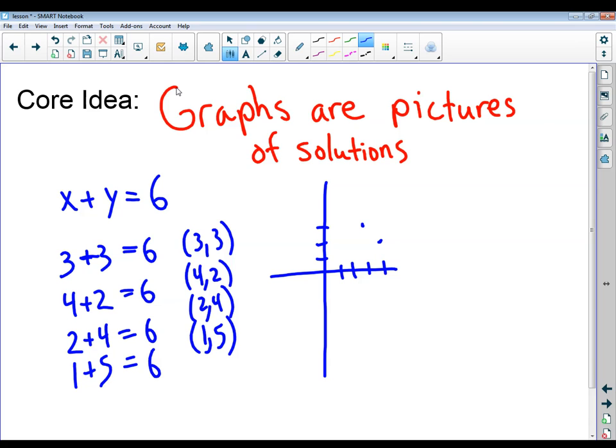I have 2, 4 here, and I have 1, 5 right there. I've made a line. And this line represents all my solutions, because I could start plucking other points on this line. Any of the points I get, if I were to keep going in either direction, represents a solution to my equation. So graphs are pictures of our solutions.